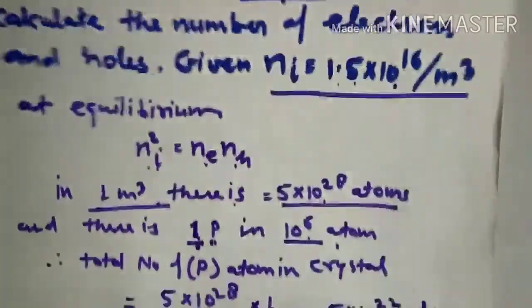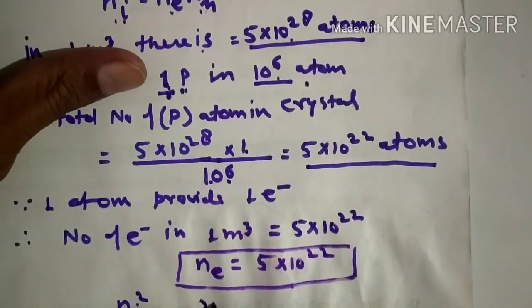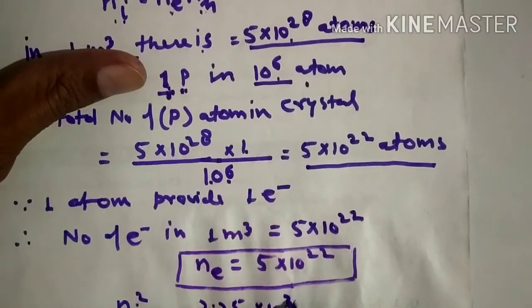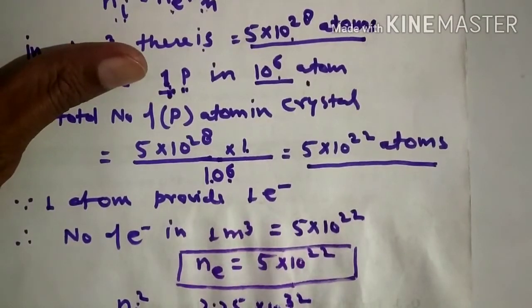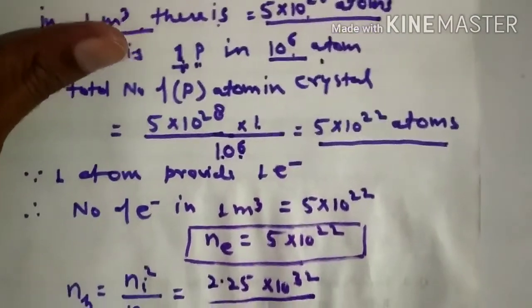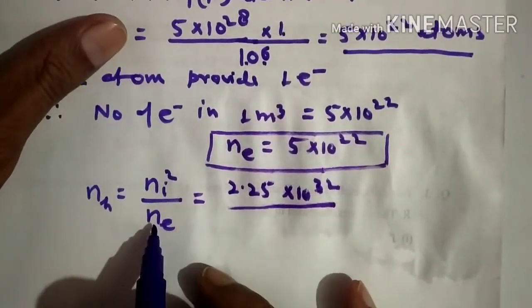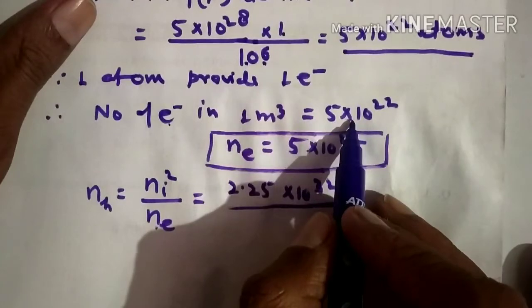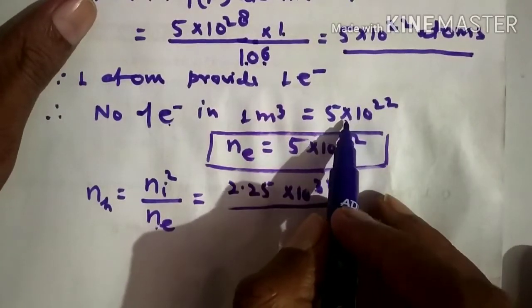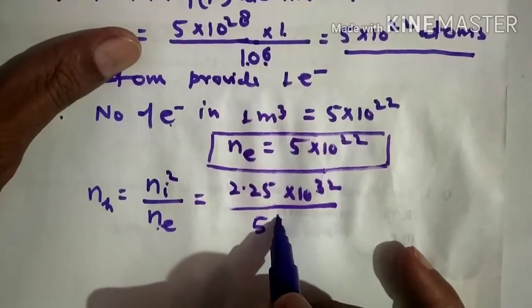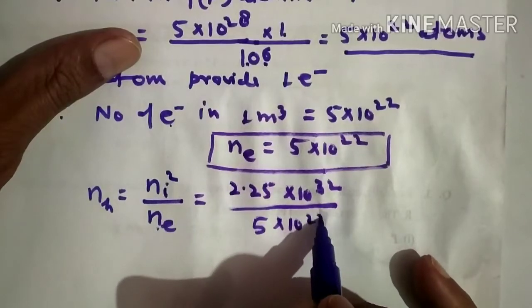If we square it, it will be 2.25 into 10 to the power 32, divided by the number density of electrons we calculated, 5 into 10 to the power 22.